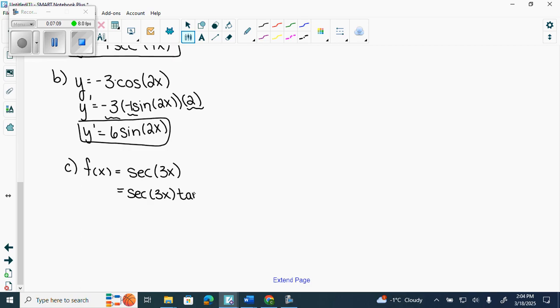Then I get some people putting a 9 behind because they go 3 and 3. But there wasn't two 3x's, correct? There's only two 3x's because the derivative of that is secant tan. So what do we actually multiply behind it with? Just a 3 because there was only one up here. And then we write it in the front.